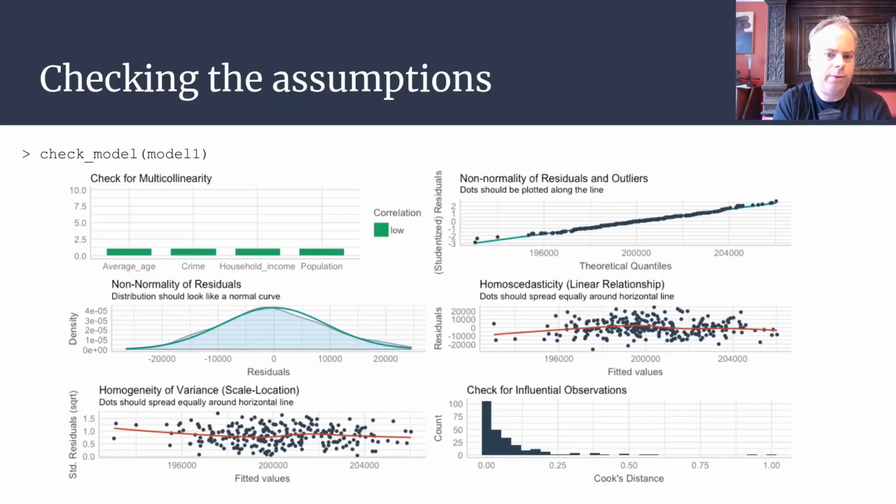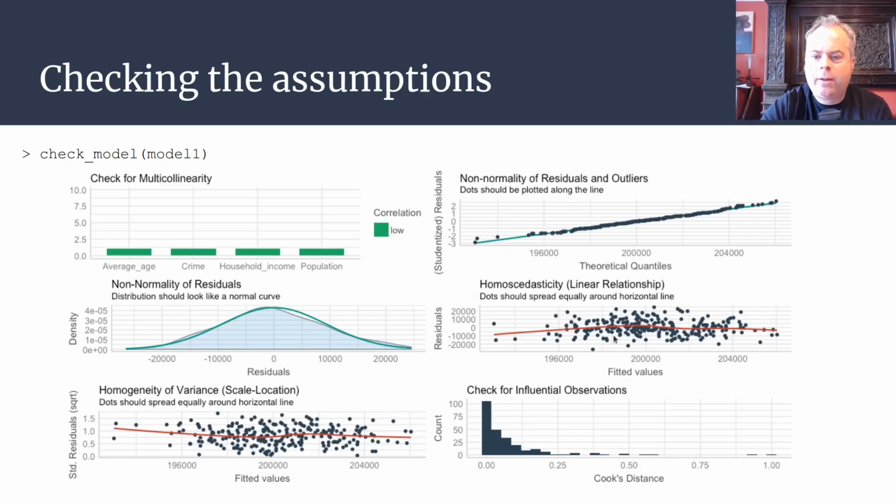Let's just check our assumptions. And I guess on the basis of what we looked at earlier, things looked okay. There's no issue of multicollinearity, so we actually get a visualization here of what the VIF values are between our different predictors, so there's nothing to worry about in this case. Our residuals are nice, they're on the diagonal, so they're normally distributed. You can see again here, the residuals follow the normal distribution quite nicely.